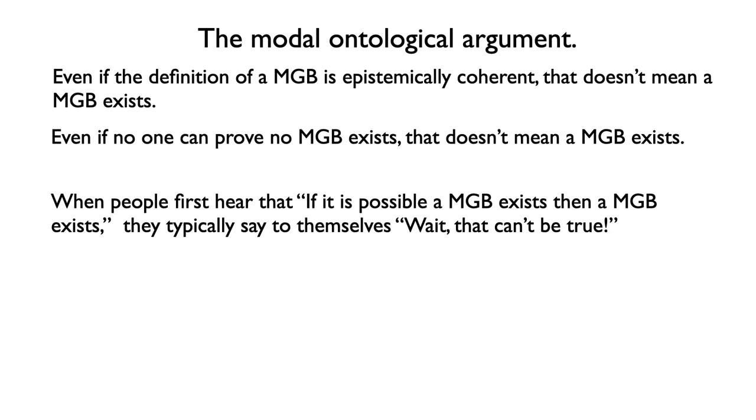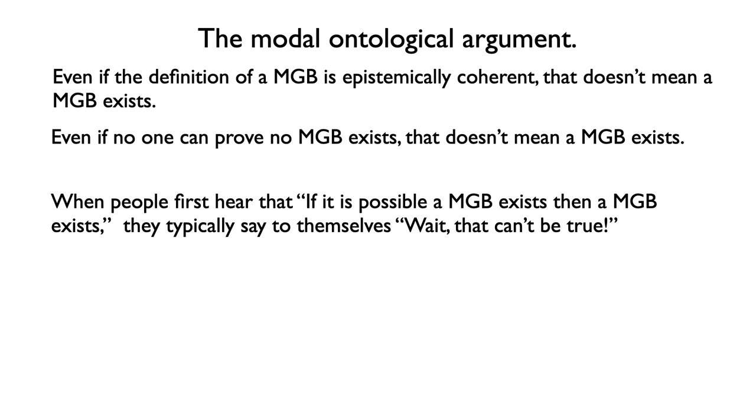When people first hear from the MOA that if it is possible a max great being exists, then a maximally great being exists, they typically say to themselves, wait, that can't be true. That doesn't make any sense. Just because it's possible a max great being exists, then a max great being exists and couldn't possibly not exist? That makes no sense.